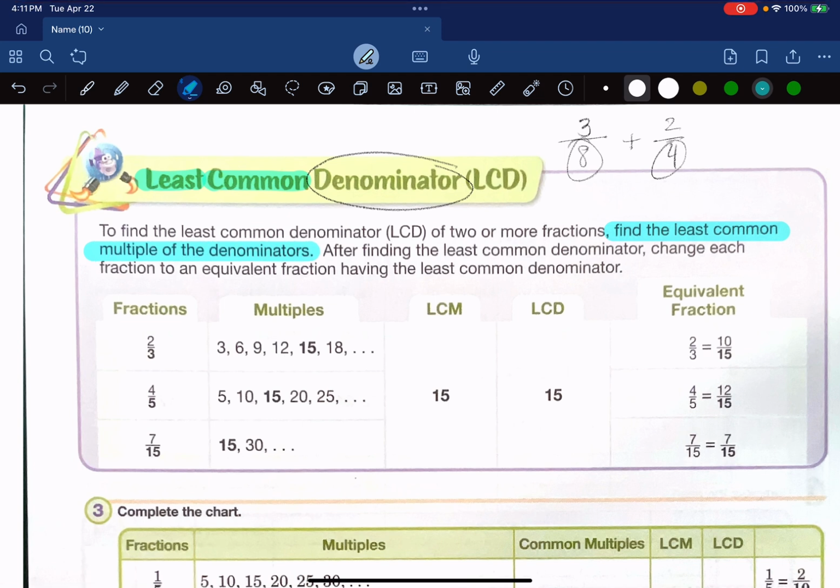After finding the least common denominator, change each fraction to an equivalent fraction having the least common denominator. We want the smallest one so you don't have to reduce.